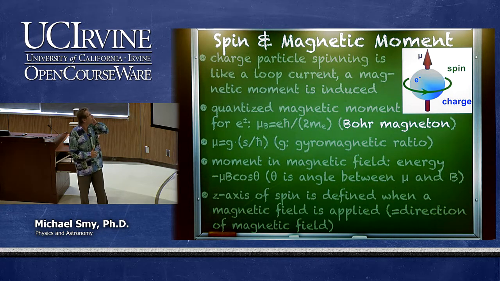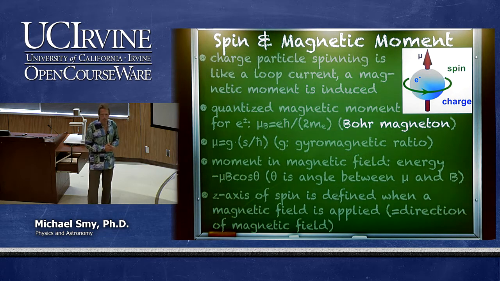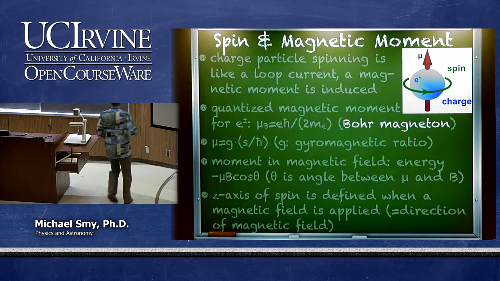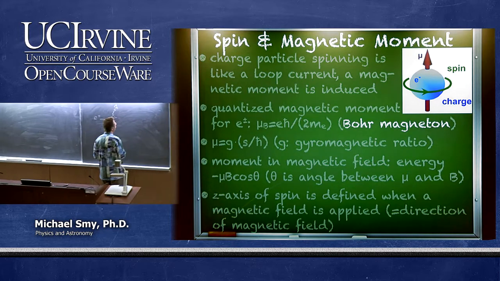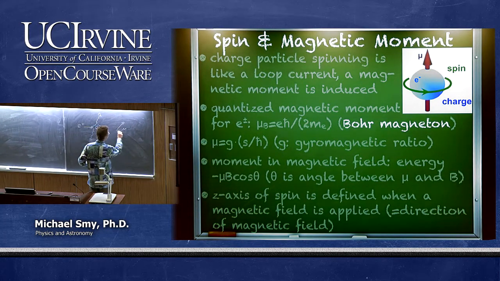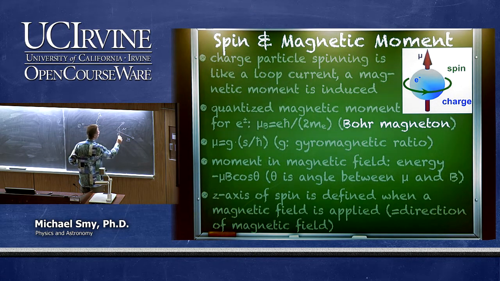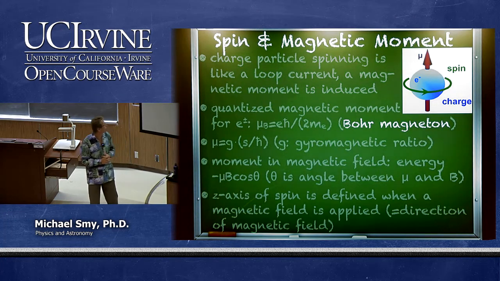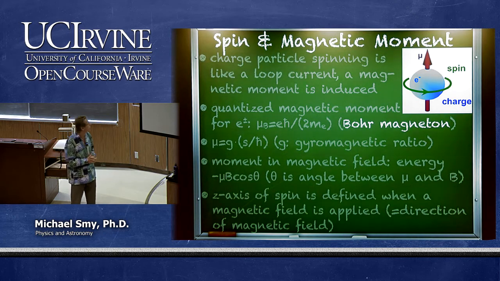So once we have a magnetic moment, which we can calculate from the spin, it has an energy in a magnetic field. And the energy classically of a magnetic moment in a field, with the magnetic moment oriented this way and the magnetic field oriented that way, and an angle theta between them, is given by the size of the magnetic moment, the size of the magnetic field, and the cosine of the angle between them, and a minus sign.